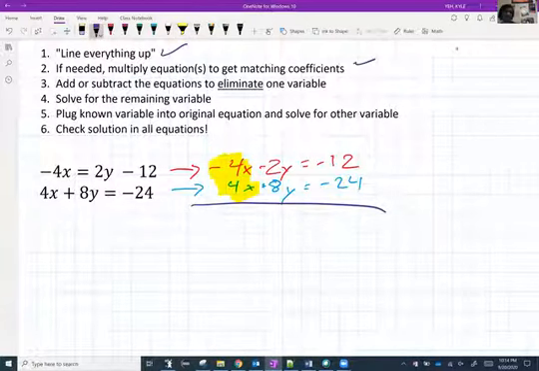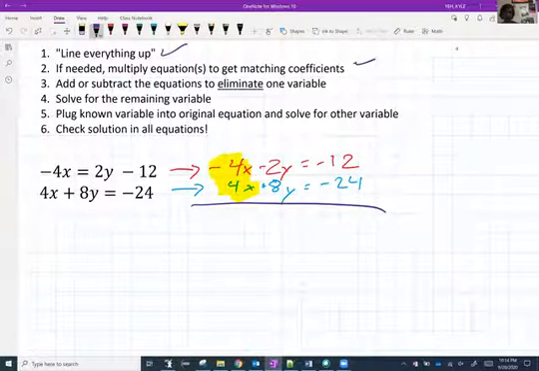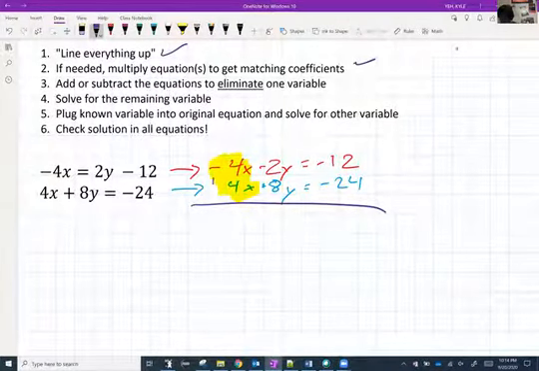Step 3 says add or subtract. Now, one of these is correct, one of these is not. And what we have to ask ourselves, because we're trying to eliminate, in this case, the x's, is negative 4x's plus 4x's going to cancel out and get us 0x's? Or should I do negative 4x's minus 4x's to cancel them out? And we think for a second, and then we say, okay, negative 4 plus 4 equals 0. So I want to add these two equations together.